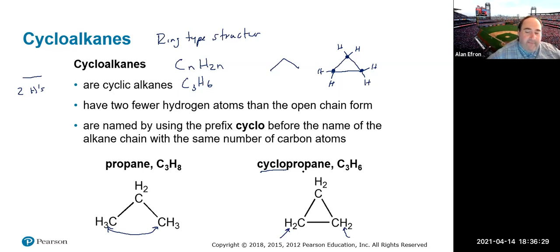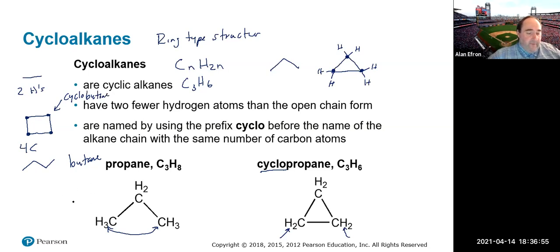So propane becomes cyclopropane. If we have a square, which is a common one, the square has 1, 2, 3, 4 carbons. A straight chain with 4 carbons is butane. This ring structure is cyclobutane.